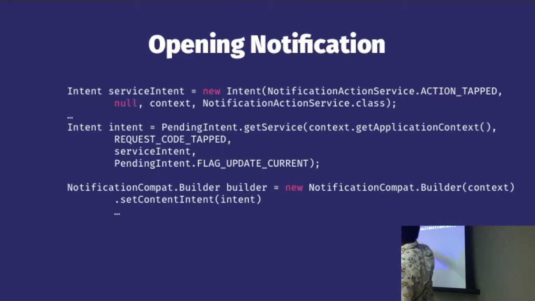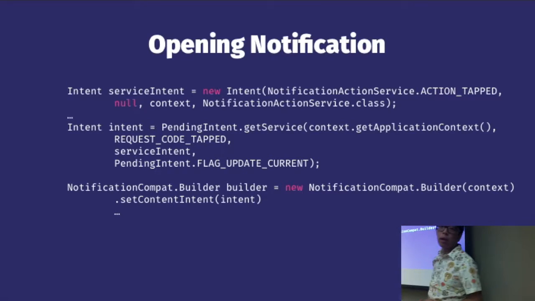And that's what I'm passing into this pending intent that is set in the content intent of the notification builder. Basically, it's saying when the notification is tapped, this intent will get fired, and that will send a signal to my notification action service that was tapped, and it will pass any additional data that you set on here.